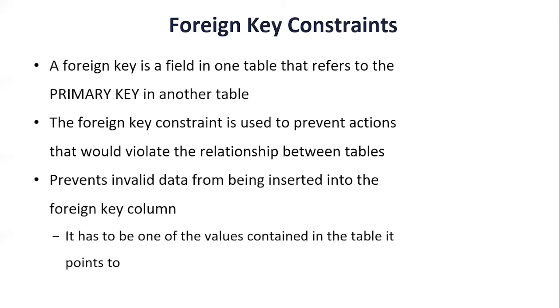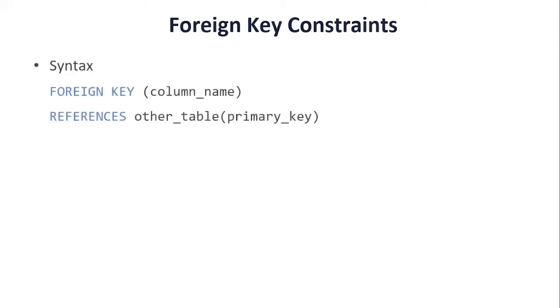So if you try to insert a value that does not exist as a primary key in that foreign table, that is considered an invalid value. So when we impose these foreign key constraints, the database will not allow us to insert that kind of invalid value.